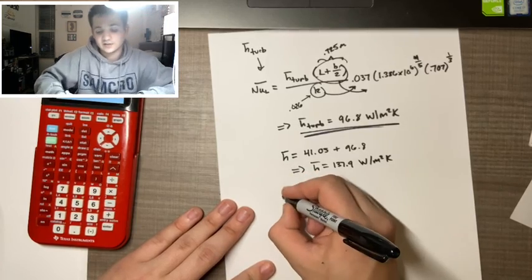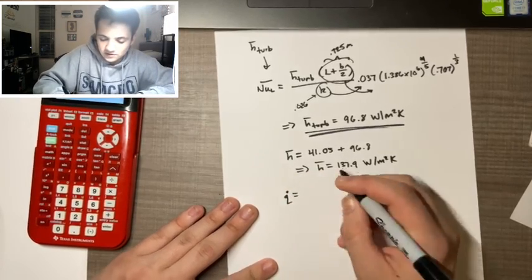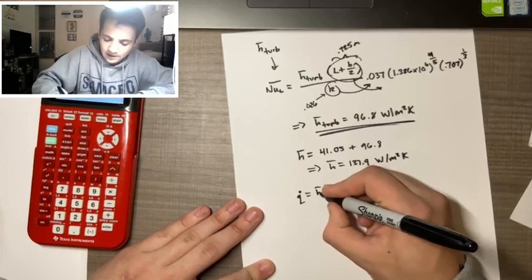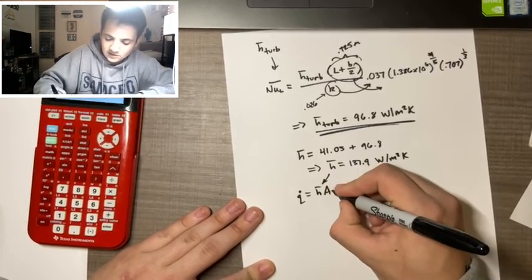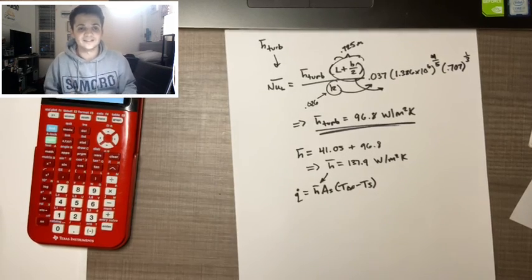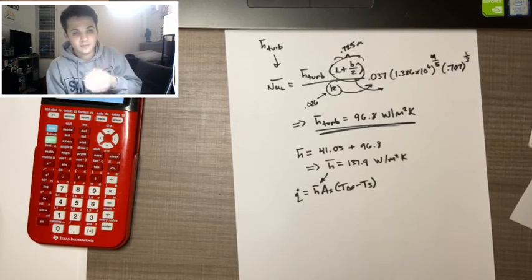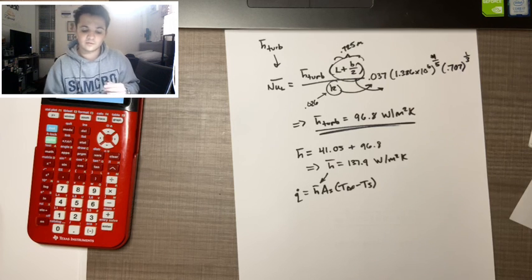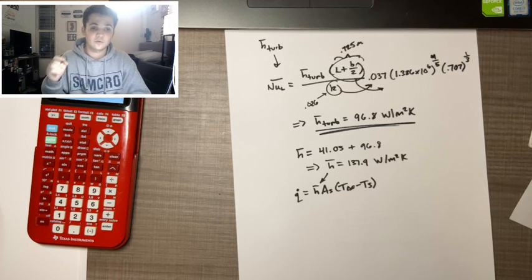So once again, remember that we want Q dot, and we established earlier that Q dot is equal to h-bar, which we have now, times A_s times T infinity minus T_s. Now, this is maybe exciting because you're near the end and about to get your answer, but remember from the beginning the units that we want.